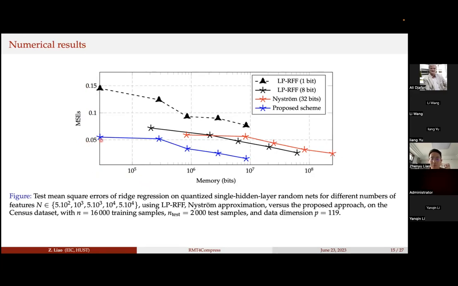We hope this MSE to be small as well. So the bottom left corner of this figure always stands for good methods. There is our proposed scheme, the blue curve. The other curves, in black or in red, are, for example, state-of-the-art methods in compression and quantizing of simple single-layer neural networks.